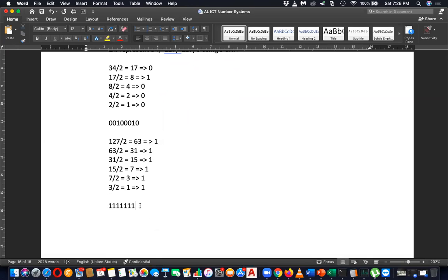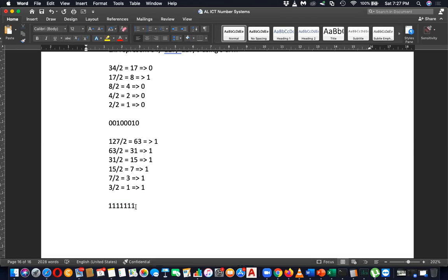You know how to convert binary to decimal, no? You remember how to convert a binary to decimal. Piles of ones, piles of twos, piles of fours. Likewise, you can add 1 plus 2 plus 4 plus 8 plus 16 plus 32 plus 64. So you can add and see whether you get the same value. Similar to that, you are dividing and converting this decimal to binary.